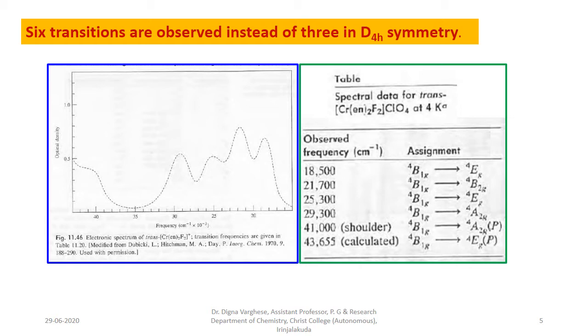The electronic spectra of the 6 transitions can be shown here, and the values assigned for each transition are: B1g to 4Eg, 18,400 centimeter inverse; B1g to B2g, 21,500; B1g to 4Eg, 25,300; B1g to 4A2g, 29,300; B1g to 4A2g acts as a shoulder at 41,000; and B1g to 4Eg, 43,655.